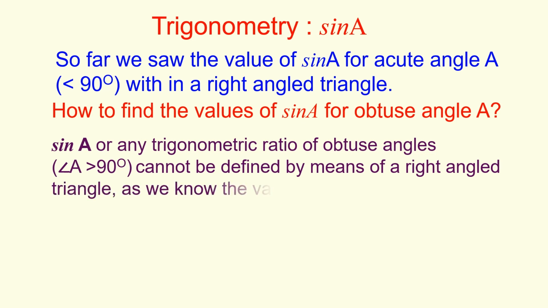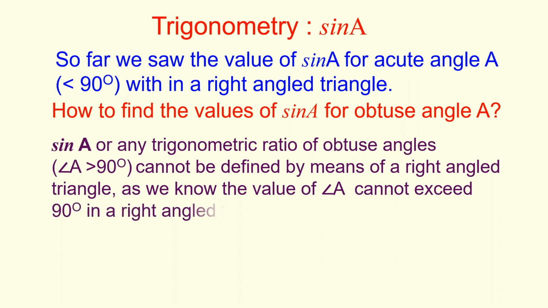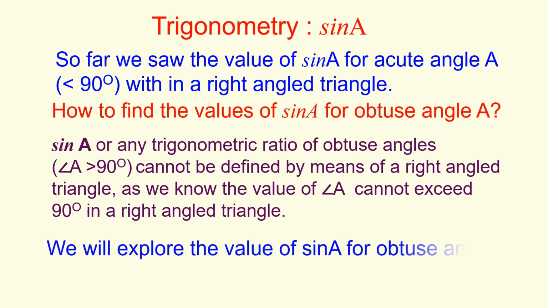Sine A or any trigonometric ratio of obtuse angles cannot be defined by means of a right-angled triangle, as we know the value of angle A cannot exceed 90 in a right-angled triangle. We will explore the value of sine A for obtuse angle.